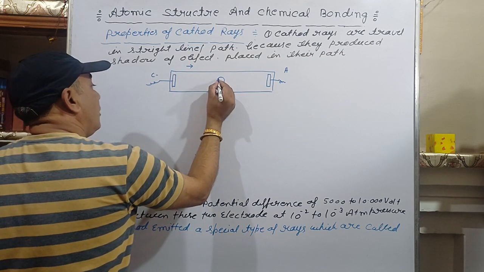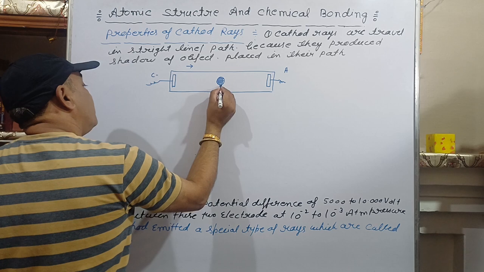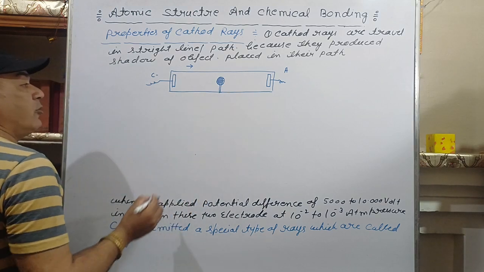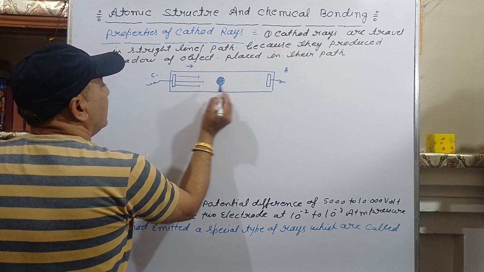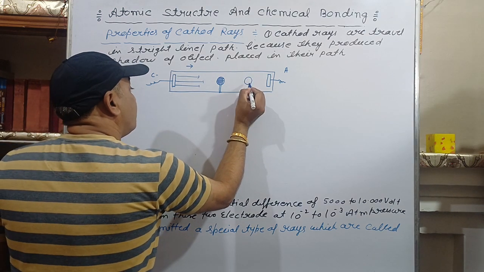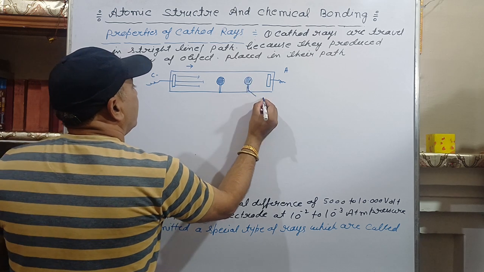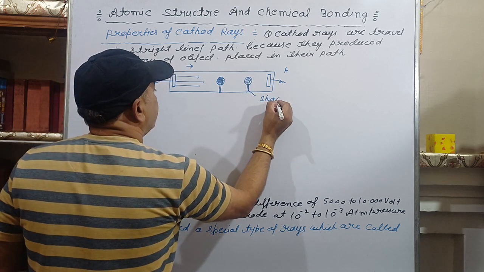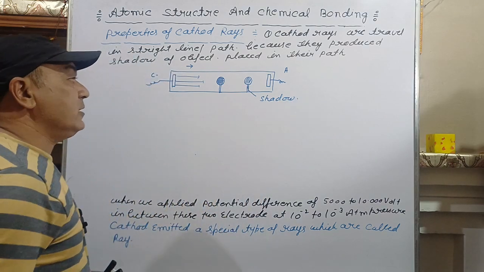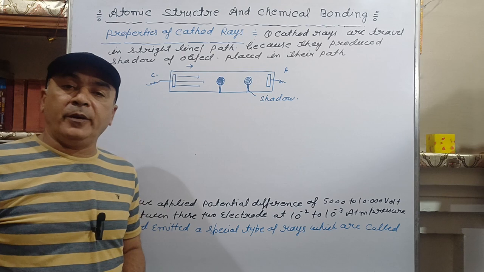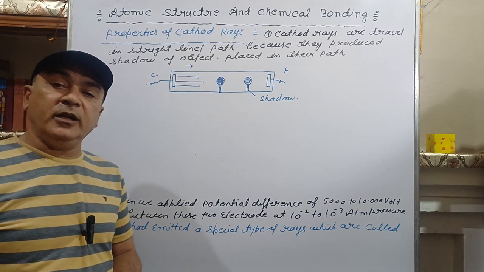When we place an opaque object in the path of cathode rays, they produce a shadow of the object. This property is quite similar to the properties of light rays because light rays also travel in a straight line.